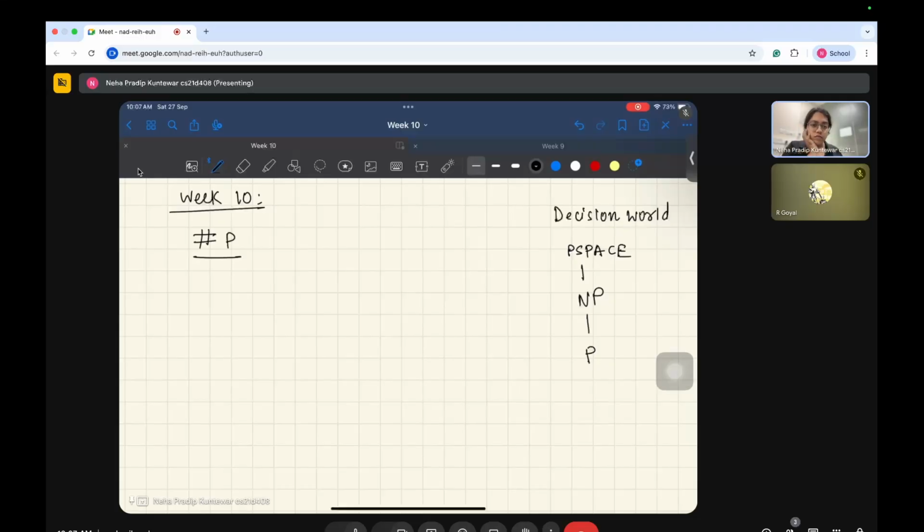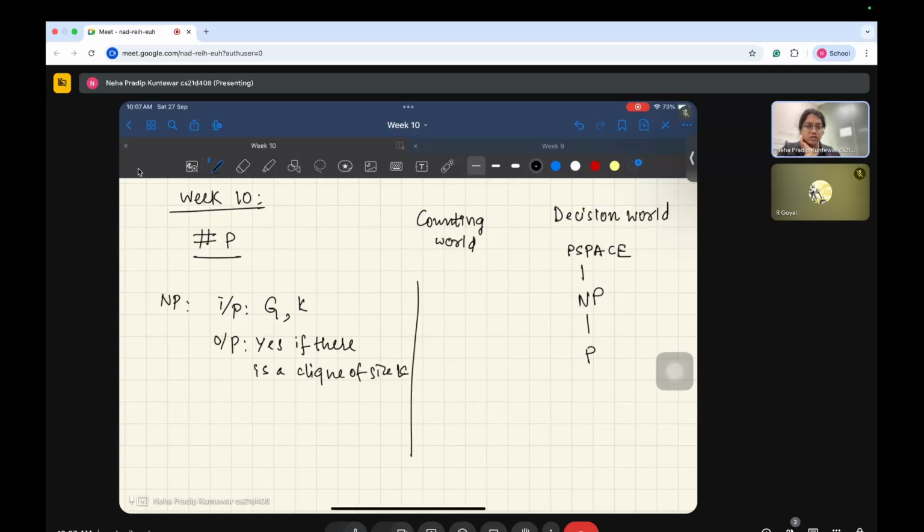Similarly, we have a counting world here where, for example, in NP we ask questions like: given a graph G, comma k, output yes if there is a clique of size k.